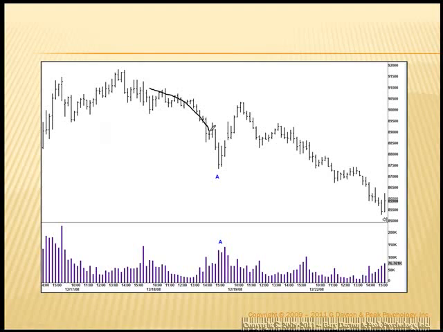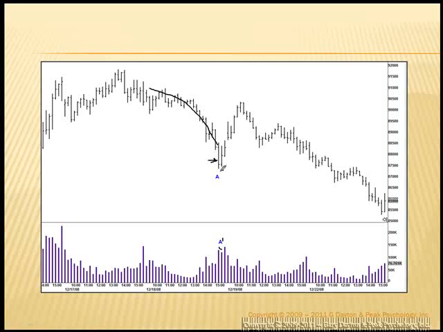Here's another example where we're in some sort of a down move. High volume comes in. Now this time it's over a couple, 3 bars. And on the first bar here, bar A, it looks like it's just going to go down. But on the very next bar, still high volume in here, and sellers couldn't take it down any lower.